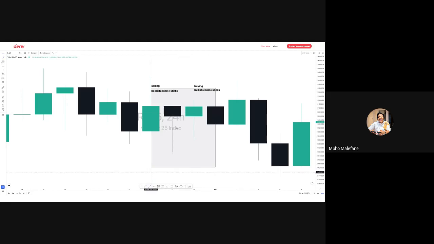If you notice this particular line at the tip, the line can come here, but the fact that this candlestick here, the line is here. So this one, we call it the high. That's the high. Now, B is the low.